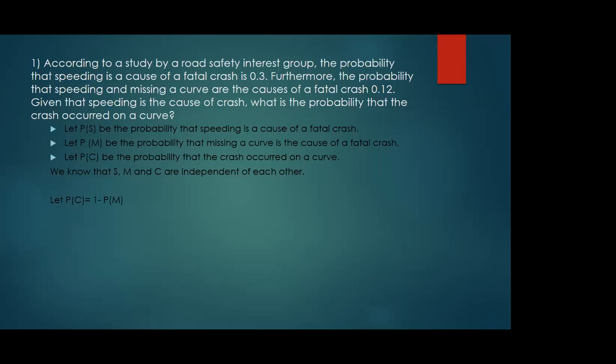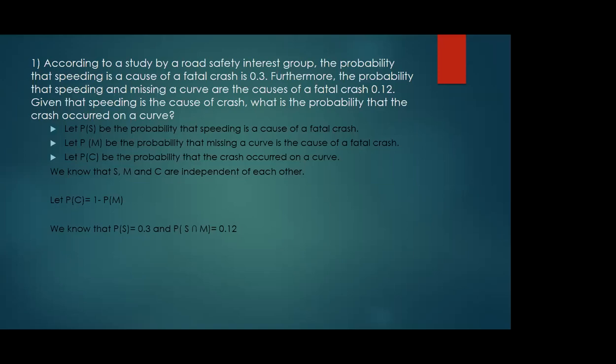Now we're going to write down what we know. So we know that the probability of speeding being a cause of a fatal crash is 0.3, and the probability that speeding and missing a curve are the cause of a fatal crash is 0.12.